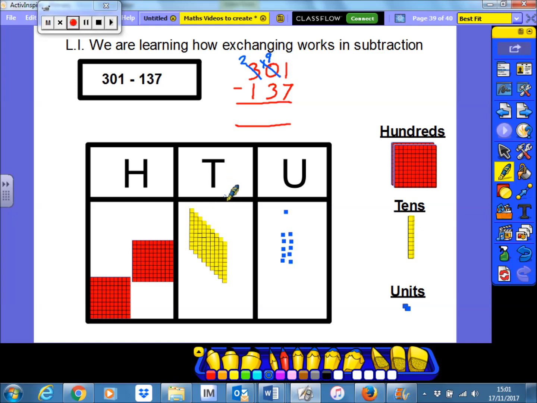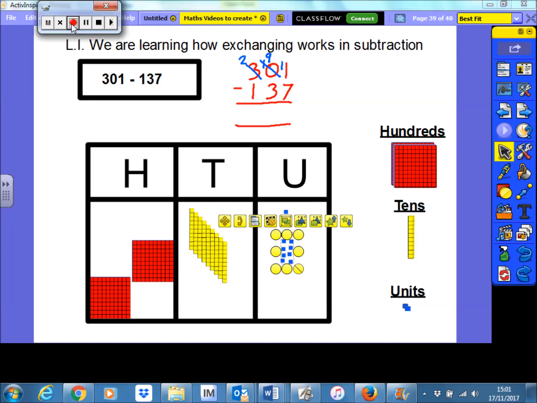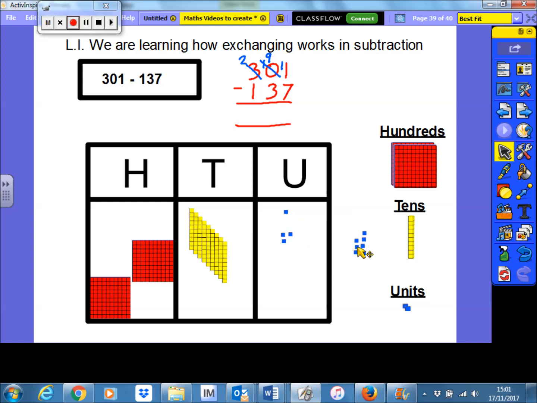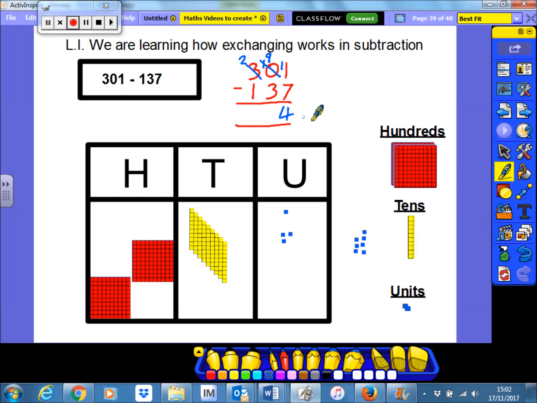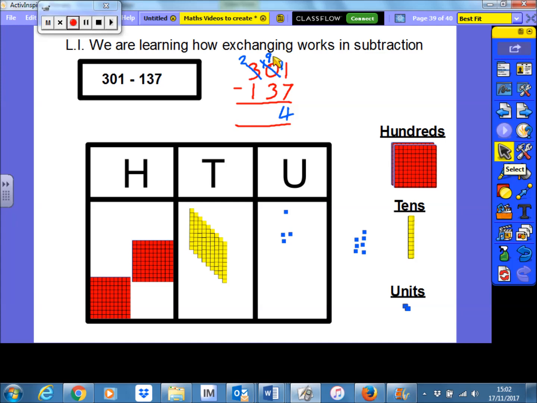We've taken a 10 away from the tens column and exchanged it for 10 units. So we now have in total 11 units. And 11 take away 7 we can do. So we take away these 7 units here, and we are left with 4 units. Now the rest of the calculation is fairly straightforward.